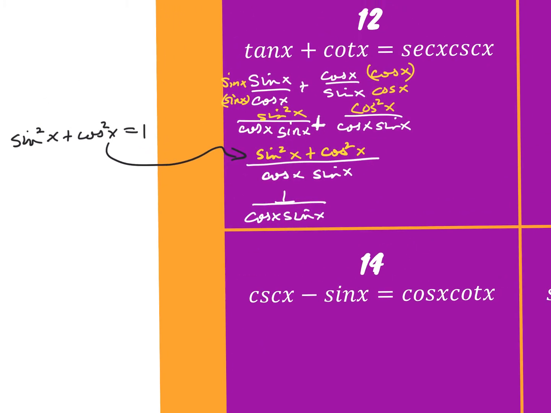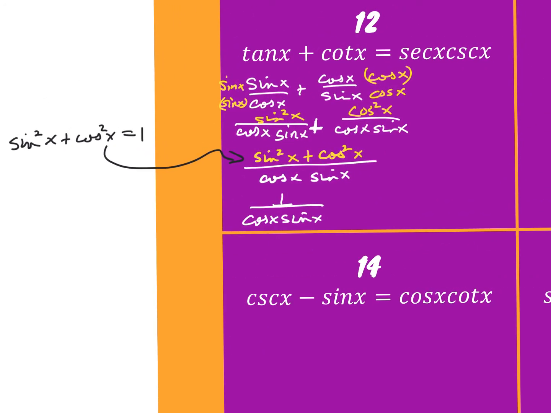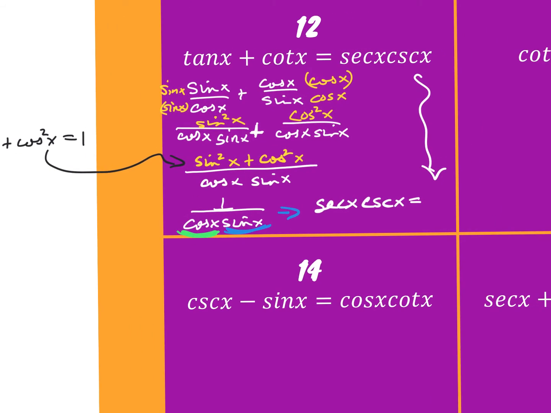Now I can split these apart because this turns into secant and this turns into cosecant. So this will turn into secant x cosecant x, which is what it wanted me to set it equal to. So it checks. Pretty good.